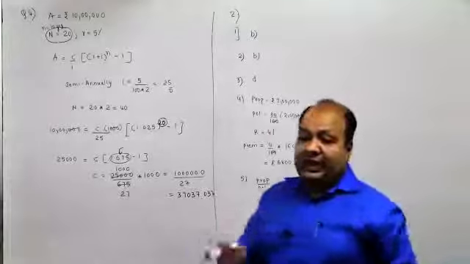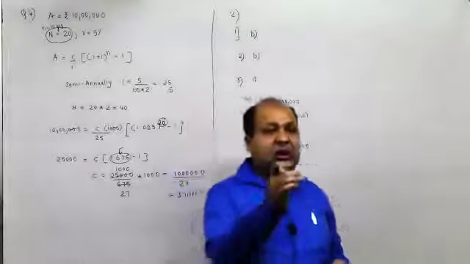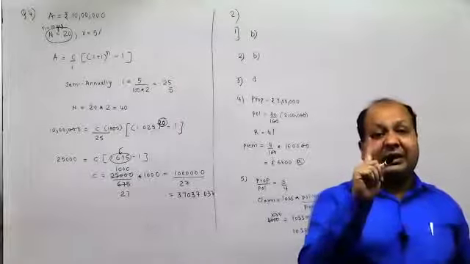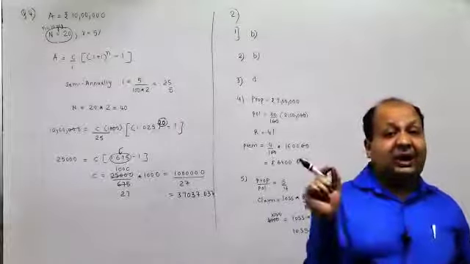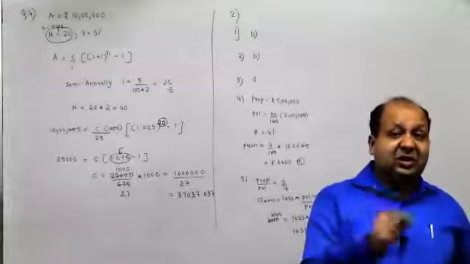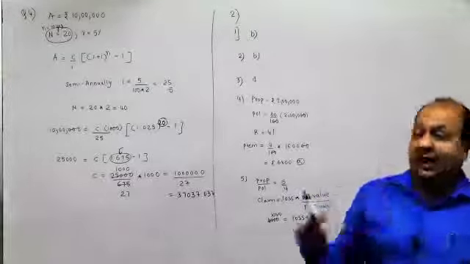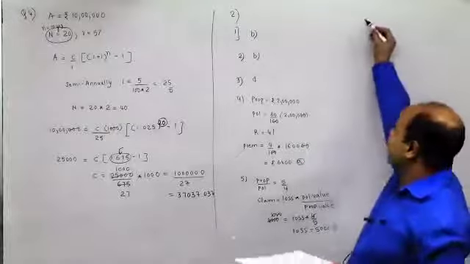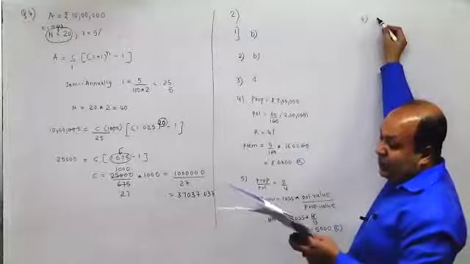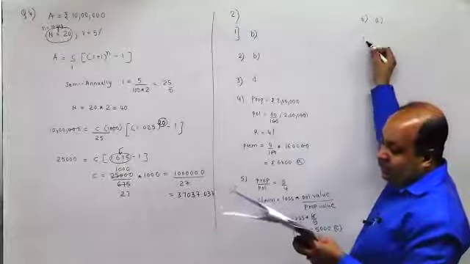Sir, it's correct. Sixth one, the period for fire insurance policy. Remember, if I insure my class against fire, then it is valid only for 1 year, not a single day beyond that. Even car insurance is valid for 1 year. Life insurance, as long as you keep paying premium, it is valid. Health insurance is also valid only for 1 year. So the period for fire insurance policy is 1 year, right?